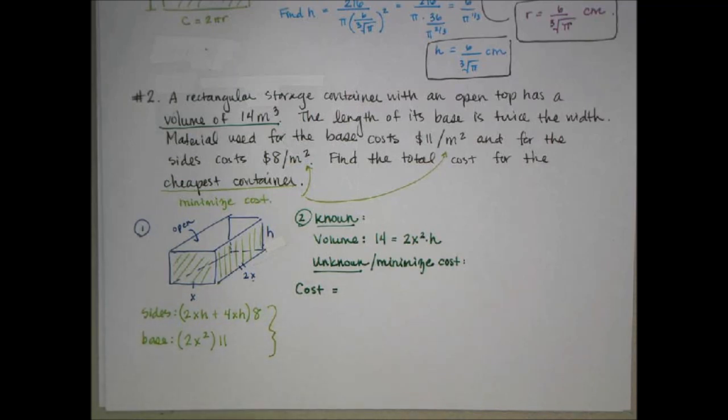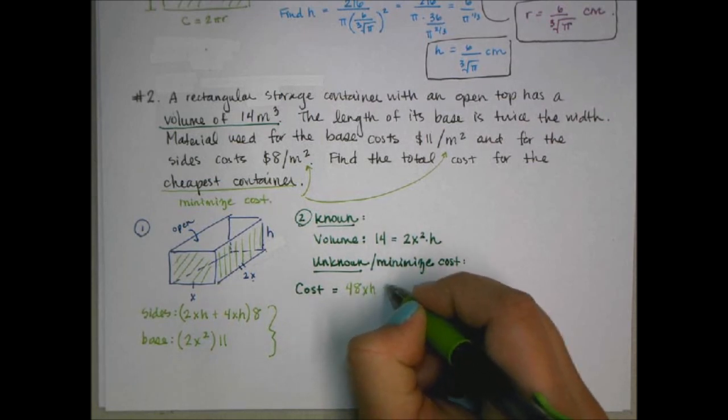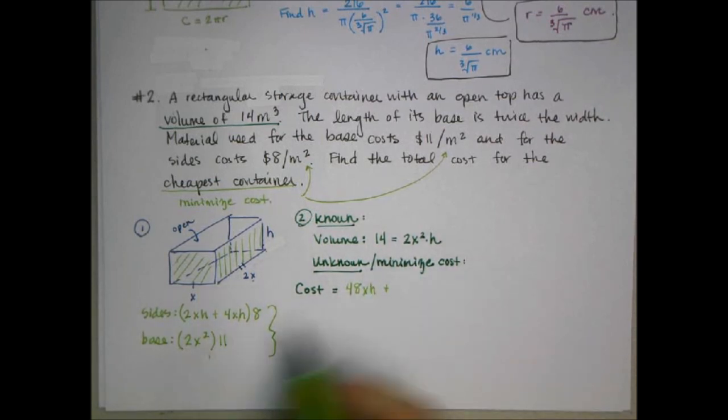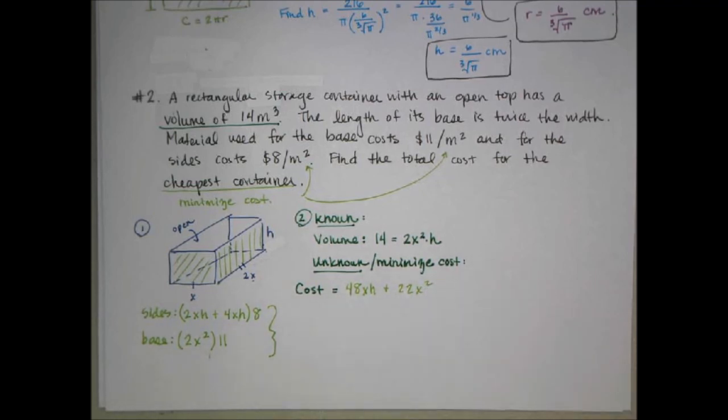So the sides, this is a total of 6xh times 8 is 48xh and 22x squared. So that's my cost function, or my cost formula.